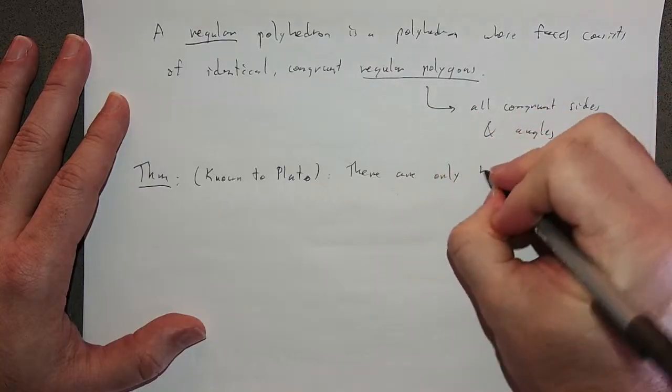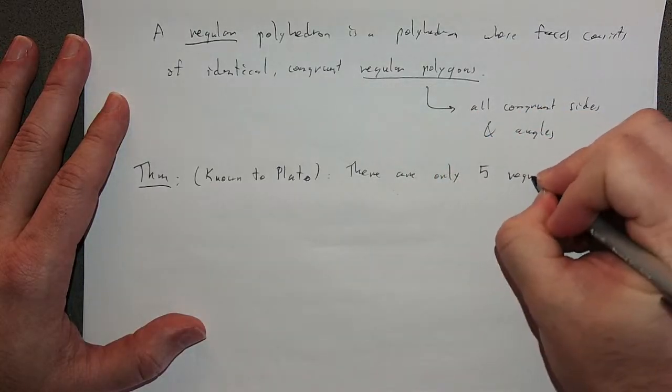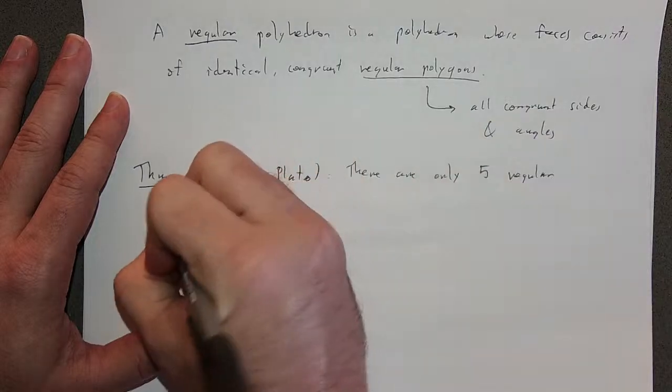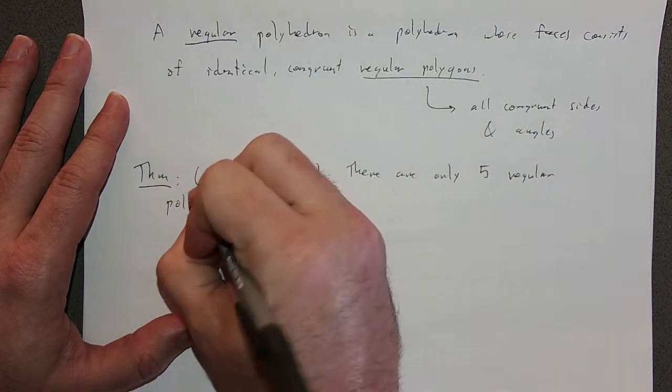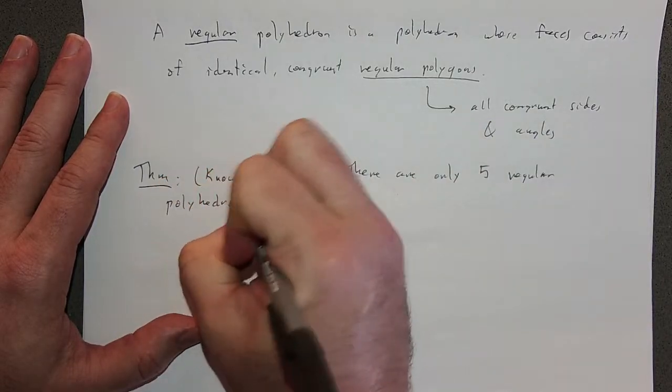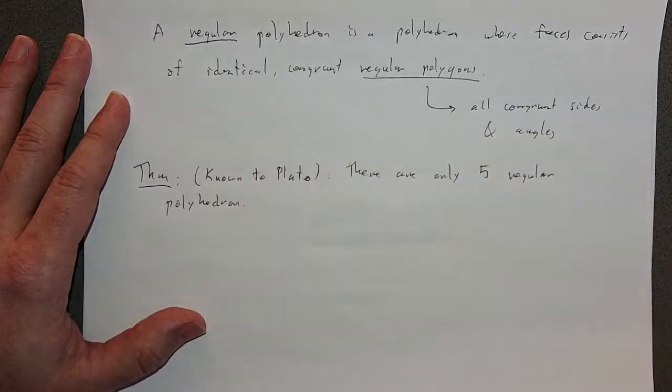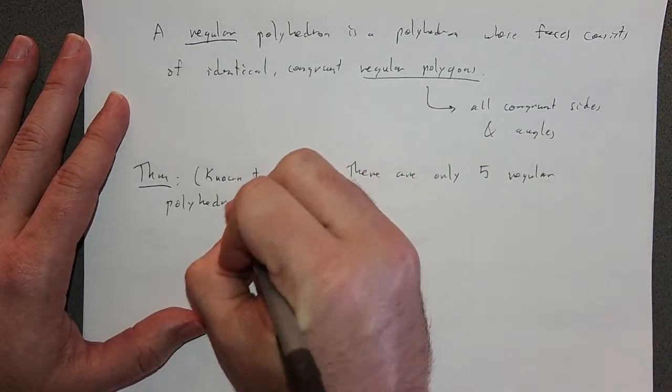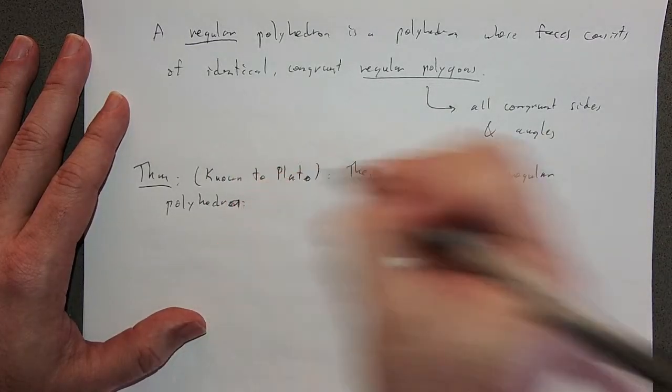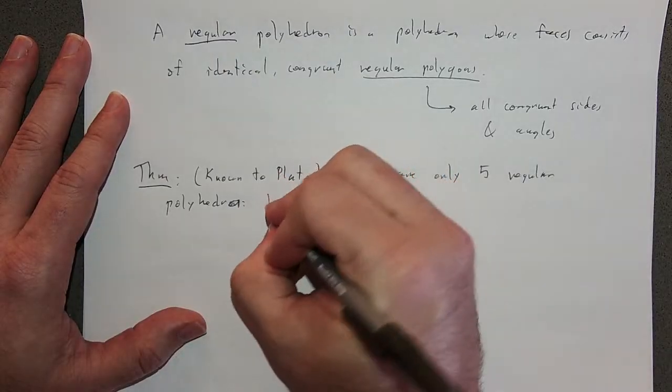There are only 5 regular polyhedra. These are the Platonic solids.